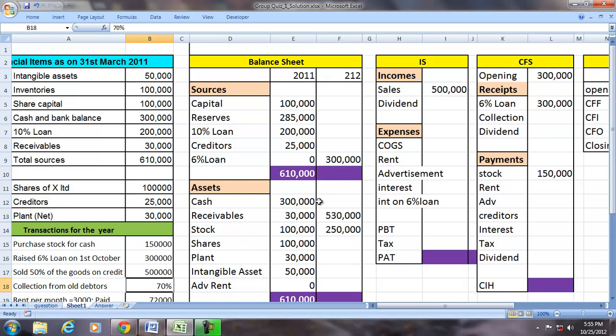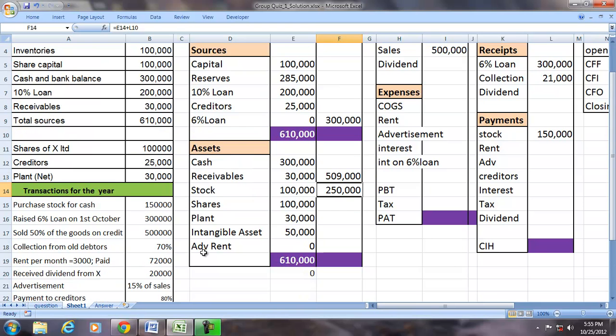Collection from old debtors 70,000, so collection is an inflow of cash. The 70% of the old debtors collected, so as a result the receivable will further go down to the extent of 21,000.